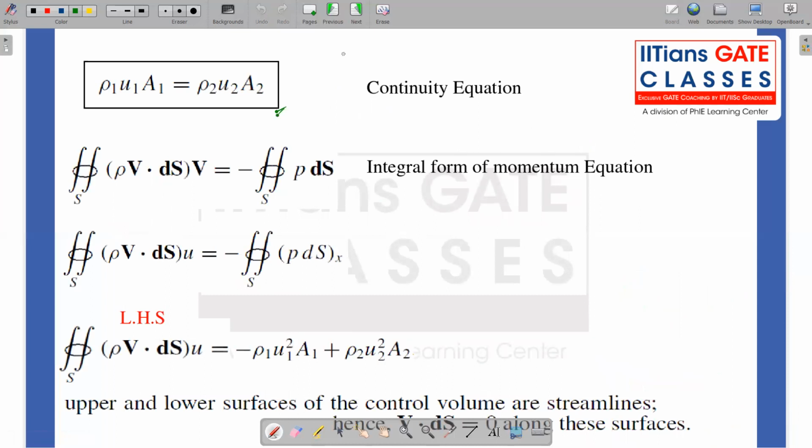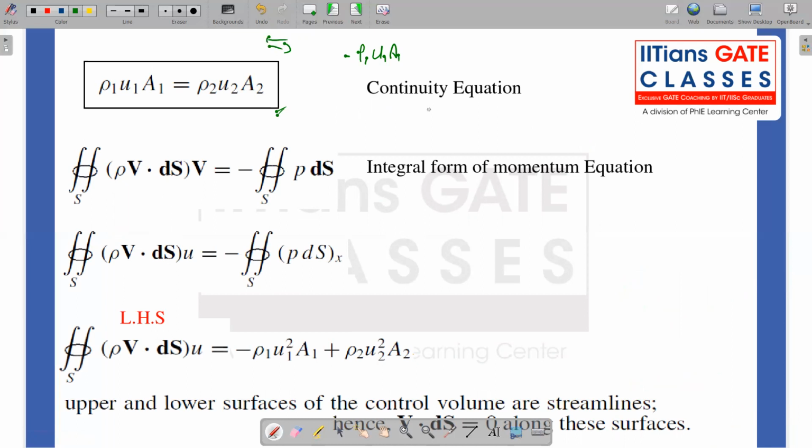So what we got now is, at the entry, what is the integration along that area 1? That is going to be minus rho1, the velocity is u1, v is equal to u in this case, times a1. This is negative because the velocity is in this direction, whereas my area vector is in the other direction.